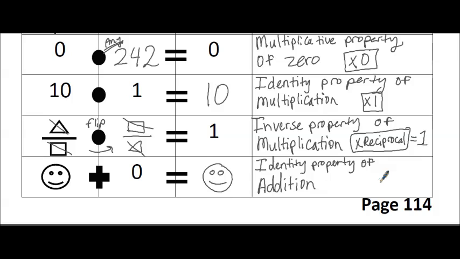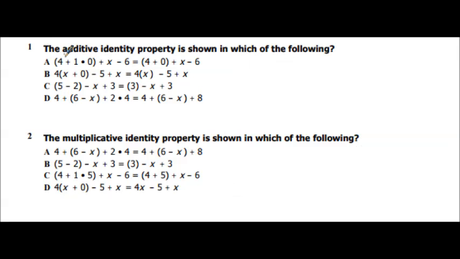So whenever you're looking for the identity property of addition, you need to look for when you are adding 0. The additive identity property means that we're not going to change the number. So if I add 0, I'm not going to change the identity of that number. So the additive identity property is shown in which of the following?